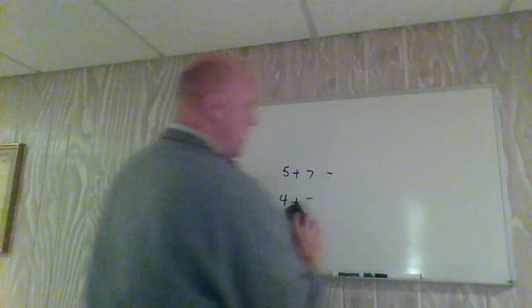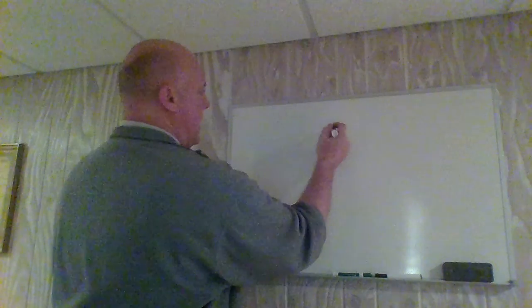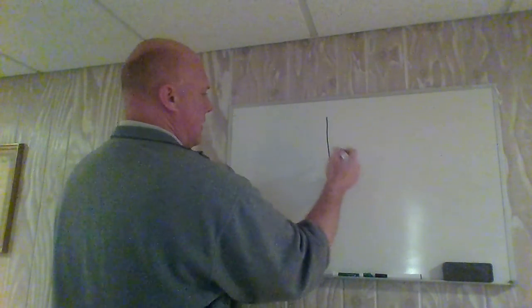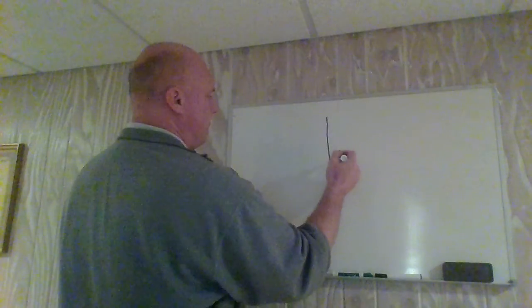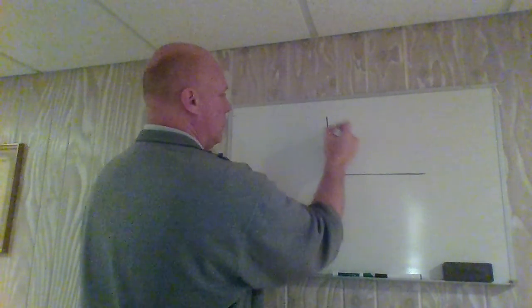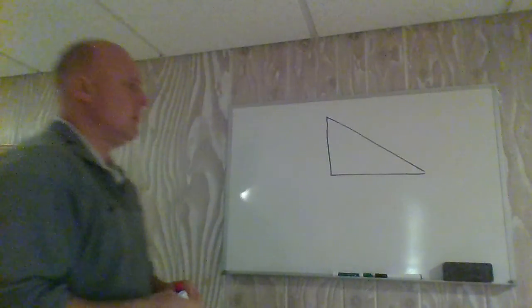Some other relationships in triangles. Suppose we had a triangle, and this is not a right triangle, okay?